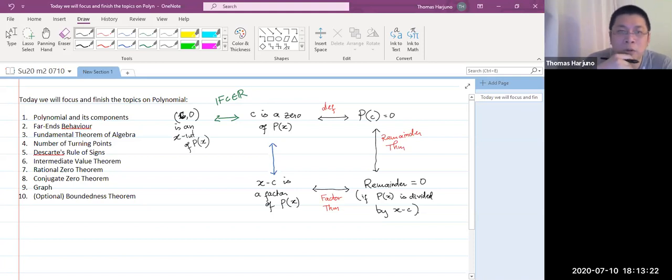So why do we want to know that in advance? Because for us to find the x-intercepts, that's the big goal.